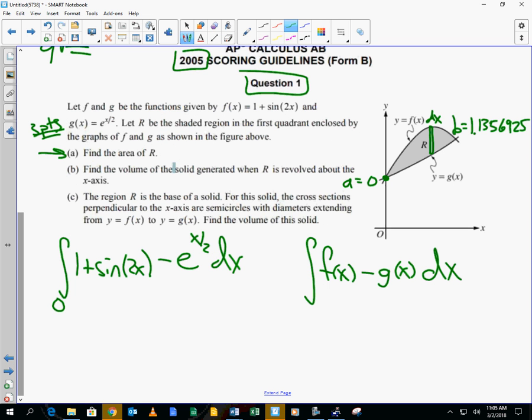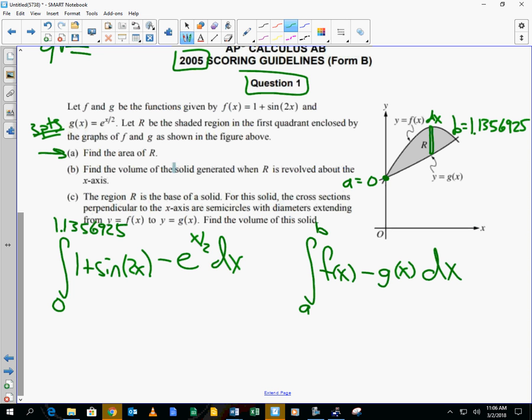I can then write 1.1356925 right here. Or, since you've said that A is 0 and that B is 1.1356925, you can write A to B. You see how both of these are the same? Whatever you want to choose to do is up to you.